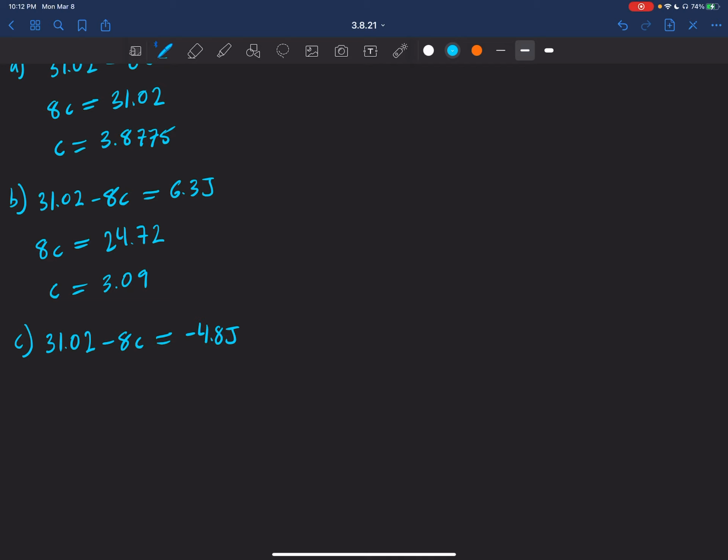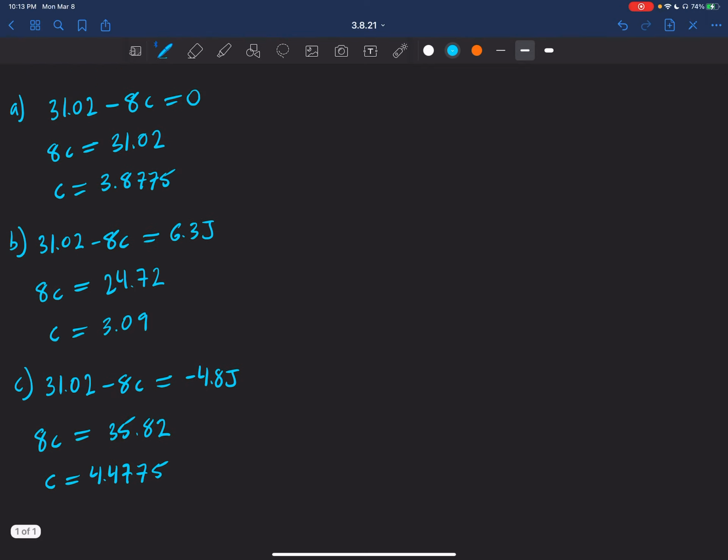And now 8C is going to be the sum of 31.02 and 4.8, which is 35.82. And so here, C is just going to be equal to 4.4775.